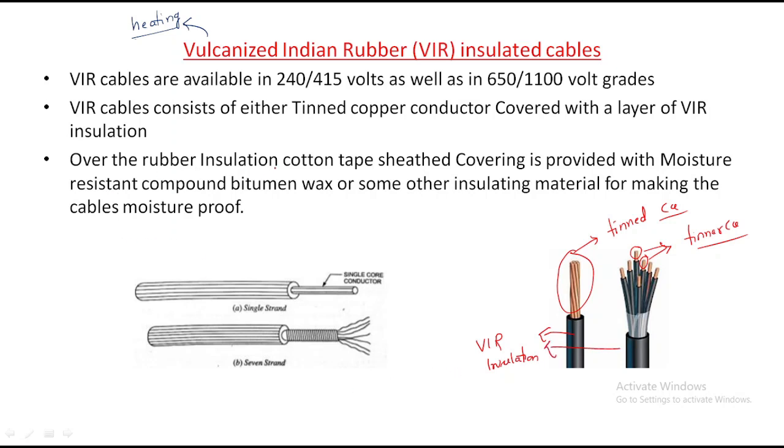Over the rubber insulation, a cotton tape sheathed covering is provided with a moisture resistance compound, bitumen wax or some other insulating material to make the cable moisture proof. So on the rubber insulation we provide another layer, a cotton tape sheath, to avoid moisture.